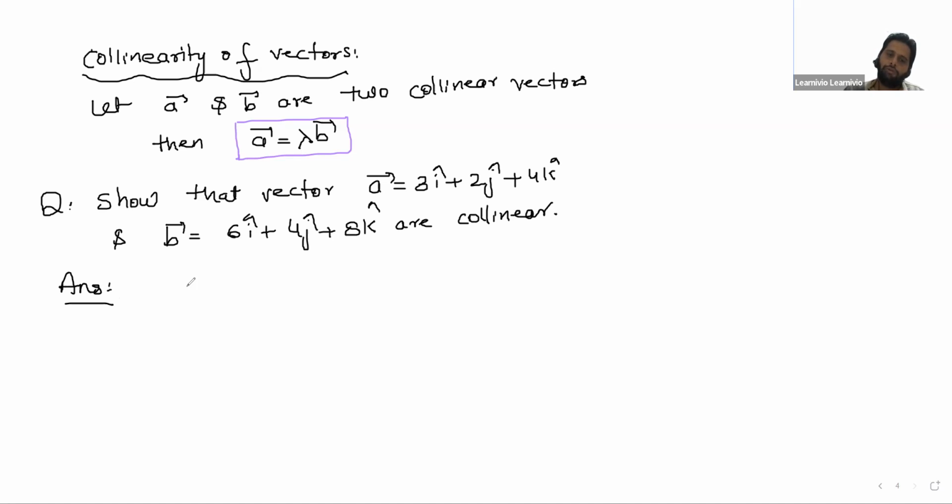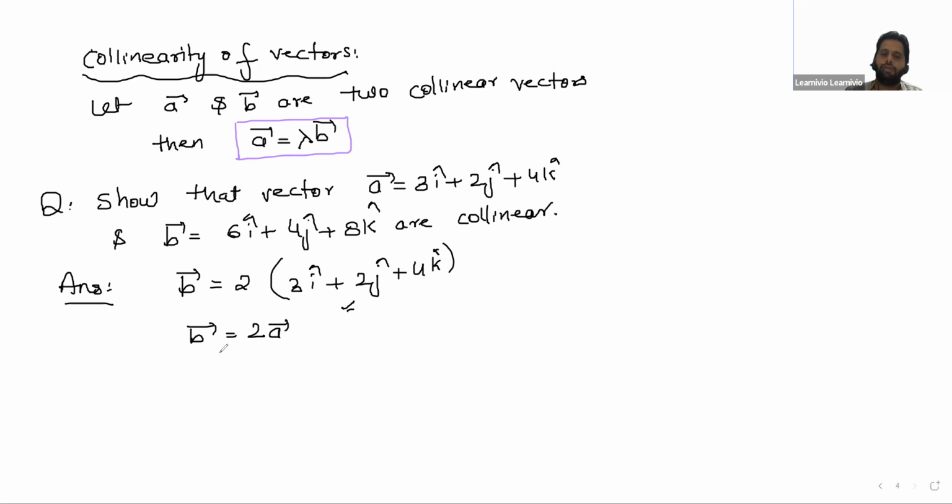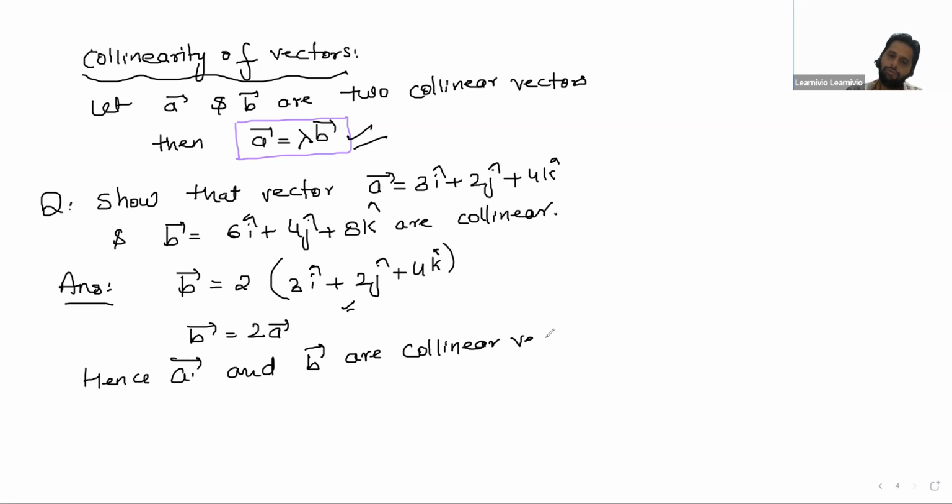Check here. For B, we can write like this. Take out 2 common, so you will get 3i cap plus 2j cap plus 4k cap. So we can say vector B is equal to twice of vector A. Hence vector A and vector B are collinear vectors.